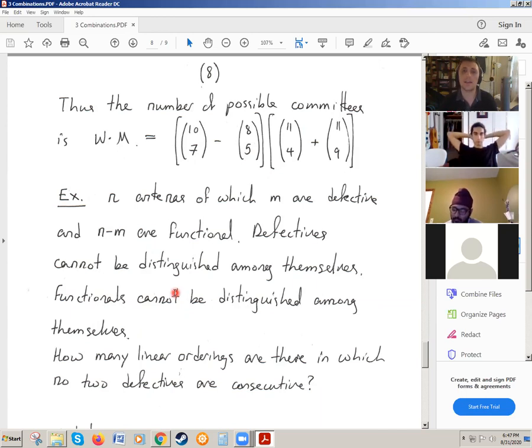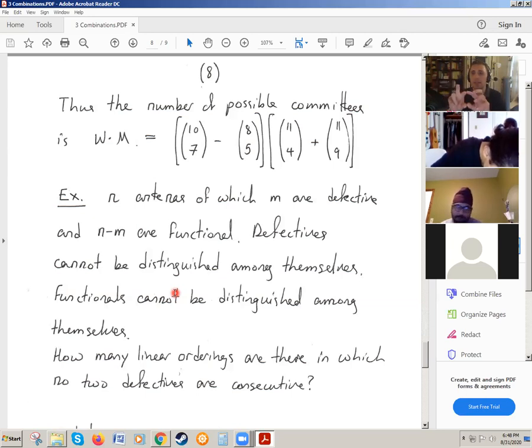So it's like a pattern. In simpler language, imagine you have white pawns and black pawns. Altogether, you have n pawns. M of those pawns are black, and n minus m are white. How many arrangements are there where the white pawns are not grouped more than one at a time, right?